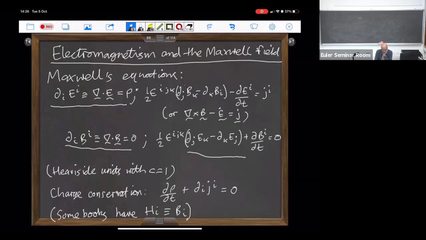Just to be clear, if you want to compare this with previous studies or other texts, this is written in Heaviside units, in which I've also put c equals 1. Charge conservation is expressed through this equation, which we can rewrite as a divergence equation, and some textbooks use H instead of B.